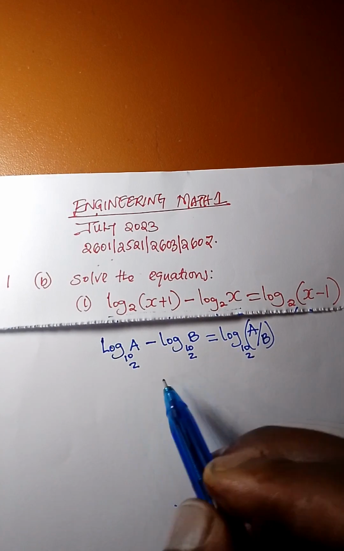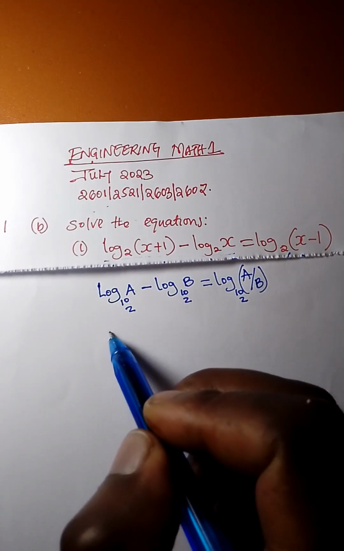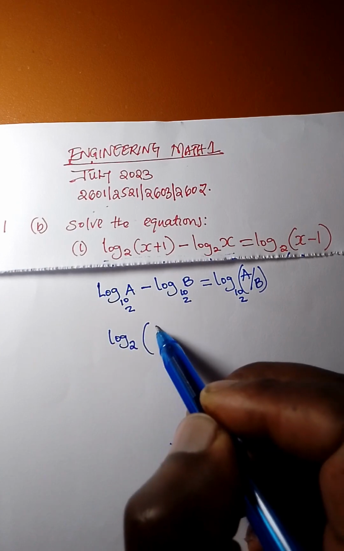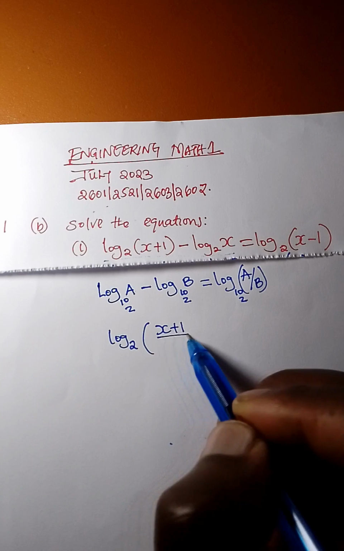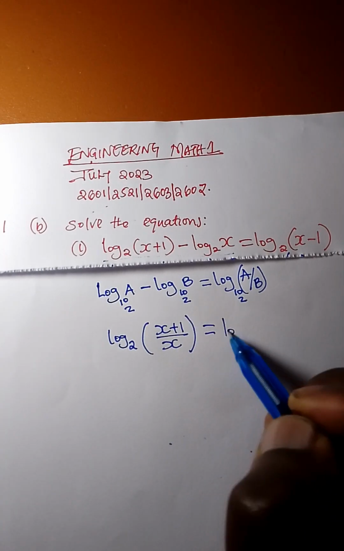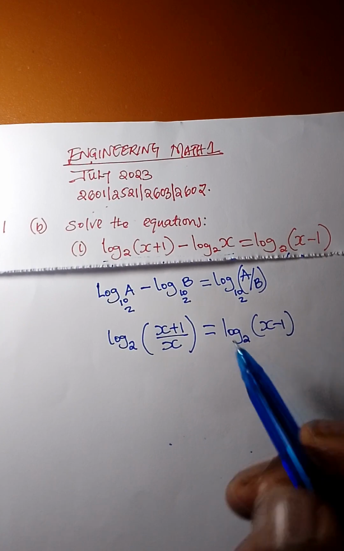So if we apply this law, then we are going to realize that this equation becomes logarithm to base 2 of (x plus 1 divided by x), close the brackets, is equal to log to base 2 of x minus 1.